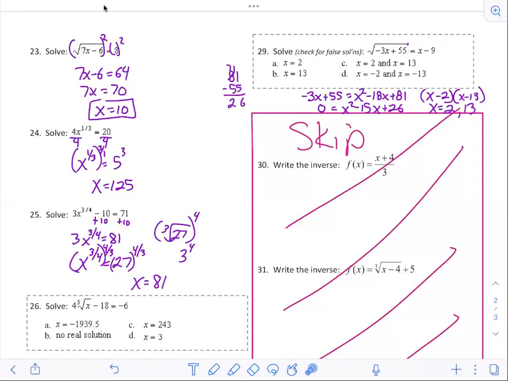We need to make sure we plug them in and everything works. If we plug in 2, we're going to get negative 7 over there. So our answer is just going to be B. Remember that that is called an extraneous solution.